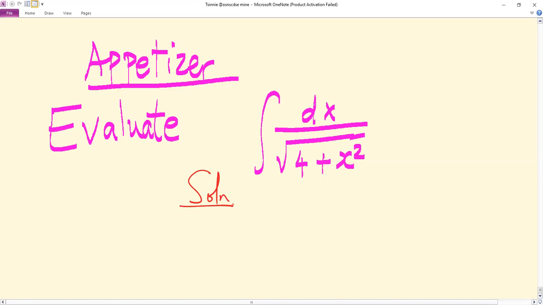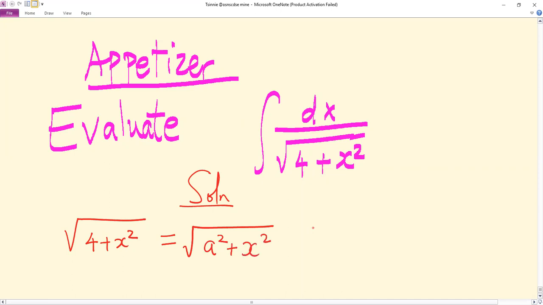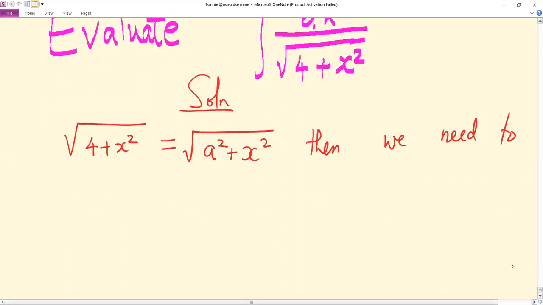And because we can see that square root of 4 plus x squared is of the form square root of a squared plus x squared, then we need to make a trigonometric substitution of the type.